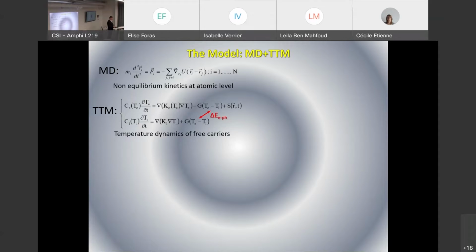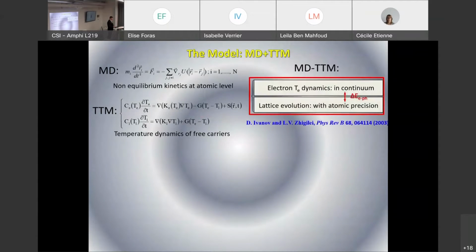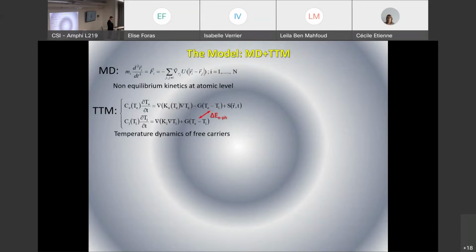So on one hand, we have the molecular dynamics method, which can address the kinetics of non-equilibrium phase transitions with atomic resolution. But on the other hand, this molecular dynamics method is missing free carriers, so it cannot be used for the case of ultra-short laser pulse interaction.